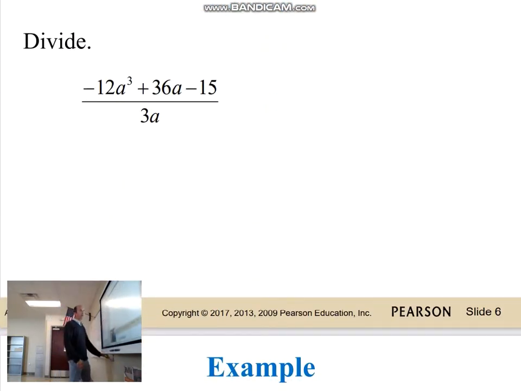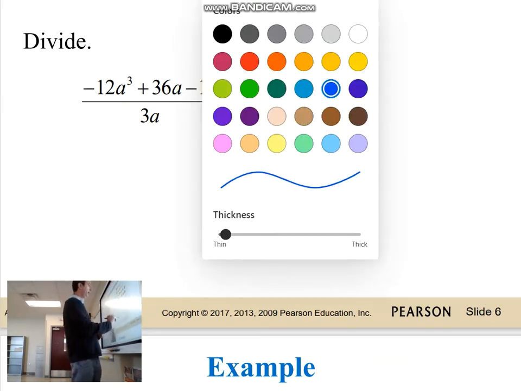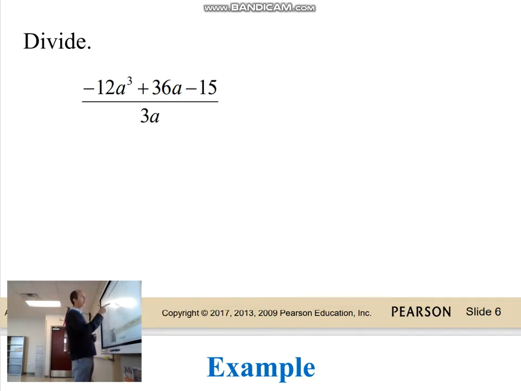Working on an example. Check this. Let's say we have the polynomial negative 12a cubed plus 36a minus 15. We want to divide this by 3a.